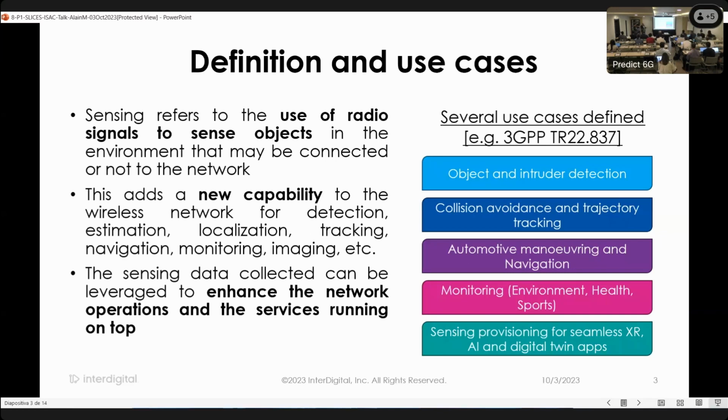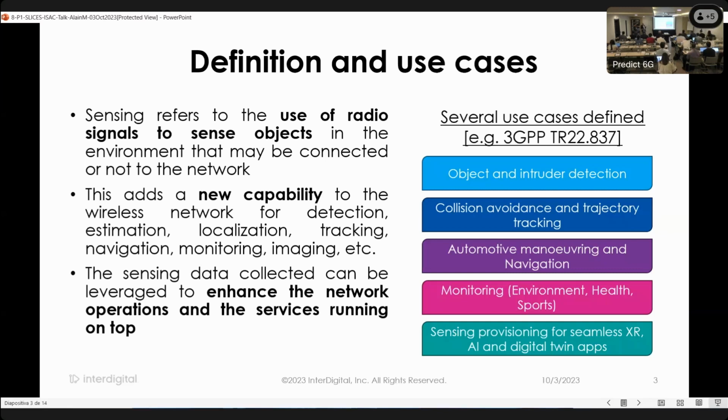So in terms of use cases, there are so many use cases that are already being identified that benefit from that capability of ISAC. I just put in a summary here. There has been a recent study in the 3GPP project, the Third Generation Partnership Project, the global SDO defining 5G and next 6G.